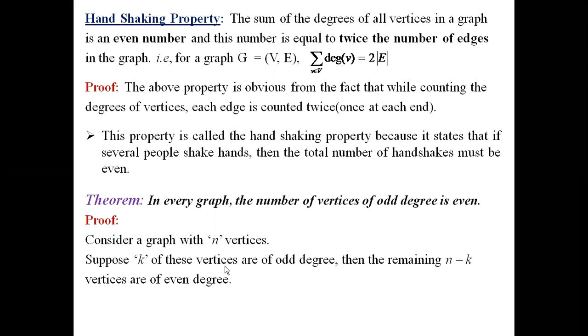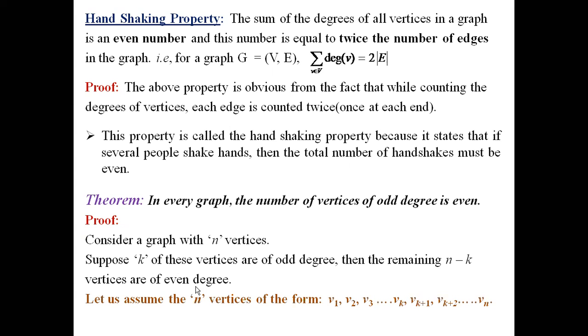Suppose k of these vertices are of odd degree, then the remaining n minus k vertices are of even degree. There are totally n vertices in the graph, out of which we assume k vertices are of odd degree. Then the remaining n minus k vertices will be of even degree.